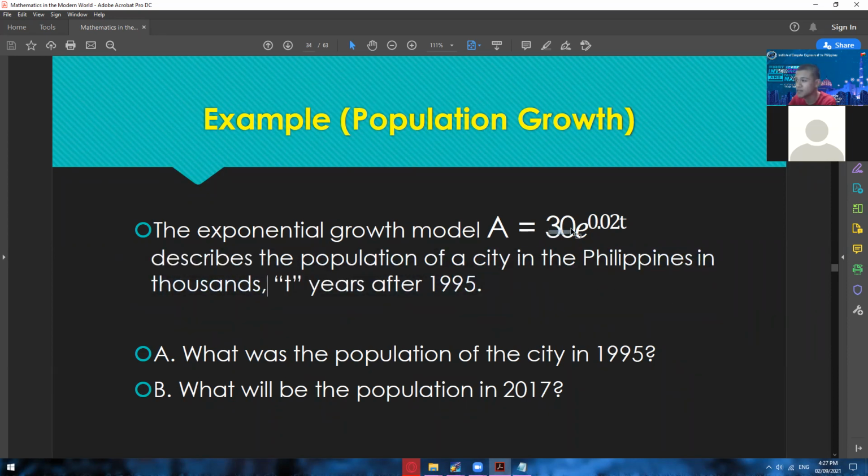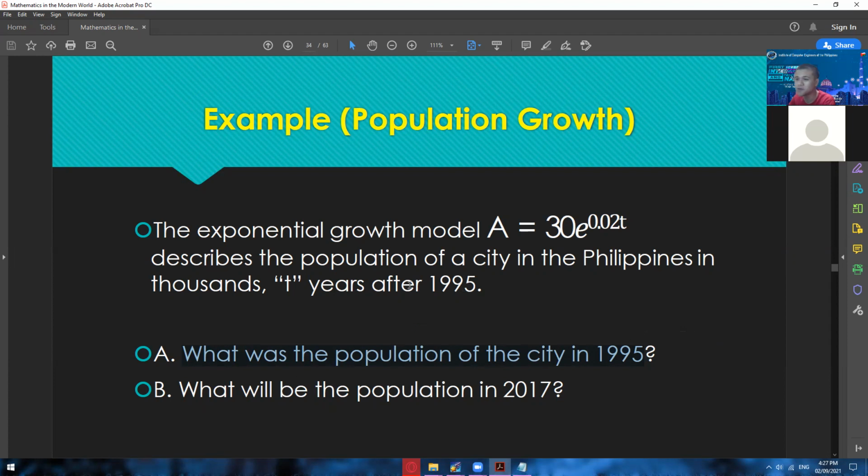Meaning this 30 right here, this initial population, this letter P, which is 30, is actually in thousands. So this one is 30,000. Okay, so you have to take note of this one. And then what we are trying to solve here is: what was the population of the city in 1995, and what will be the population in 2017.